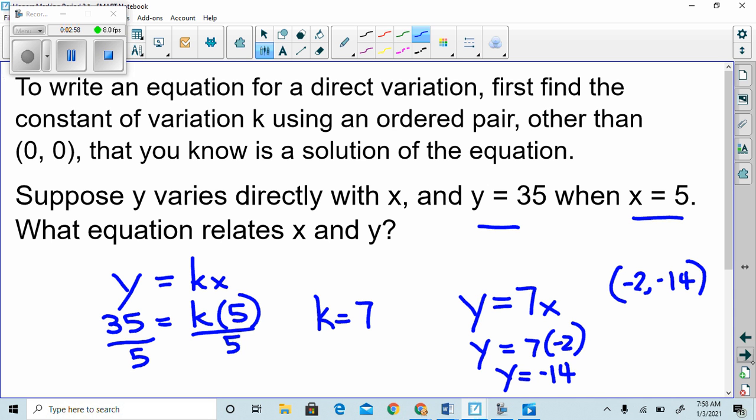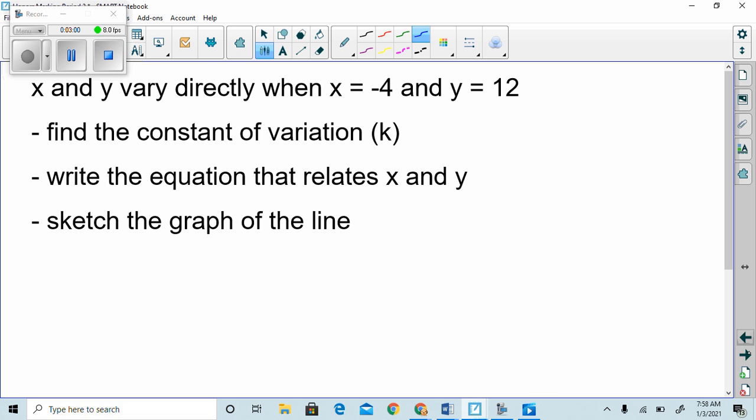You'll be given this statement again that says x and y vary directly, and they'll give you the conditions. We're going to be doing three things. We're going to find the constant of variation, we're going to write the equation, we're going to sketch the graph, which I didn't do in the first example. We start with our model, y is equal to kx.